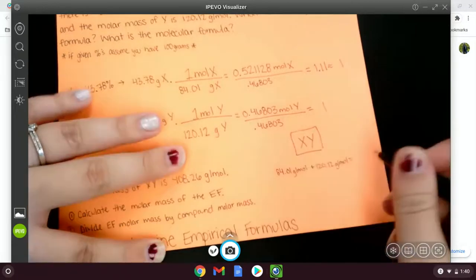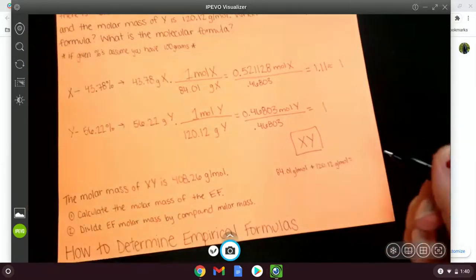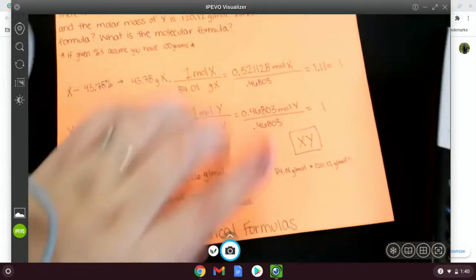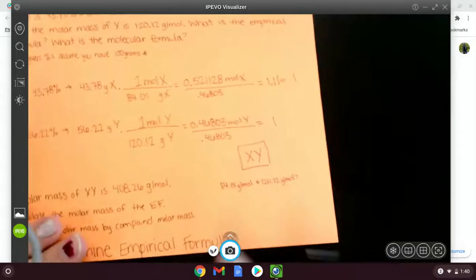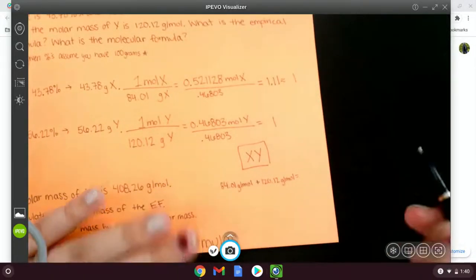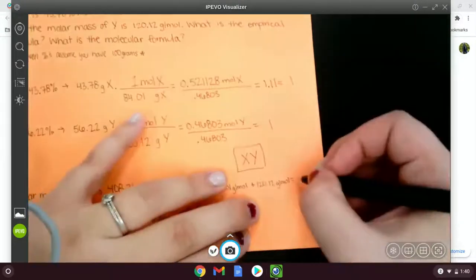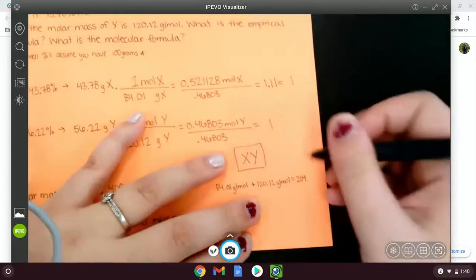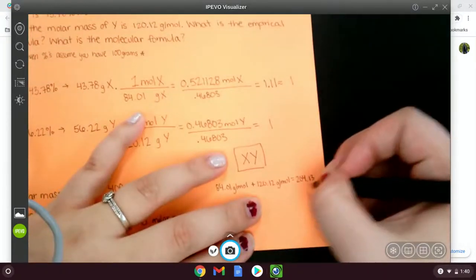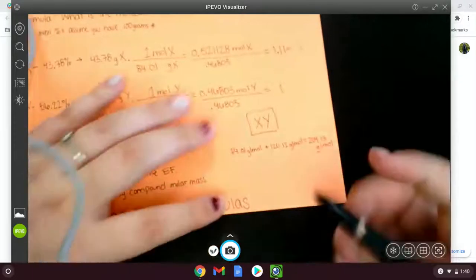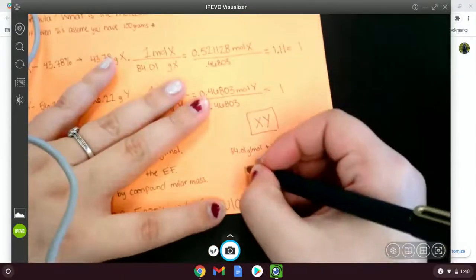So I'm going to add this together so I can figure out the molar mass of my empirical formula right here. So 84.01 plus 120.12 gets me 204.13 grams per mole.